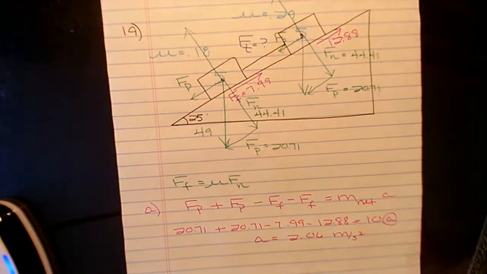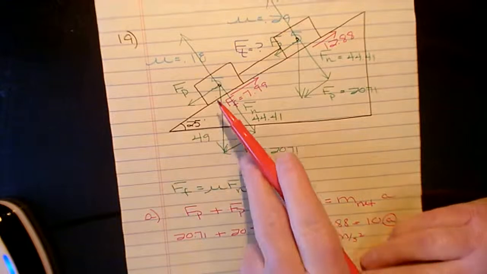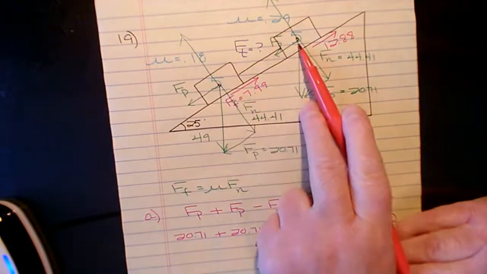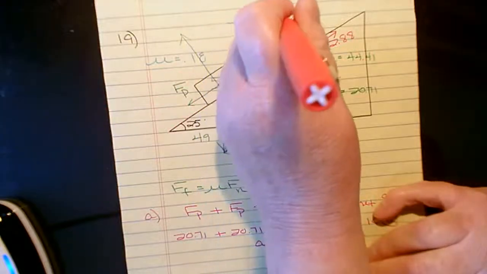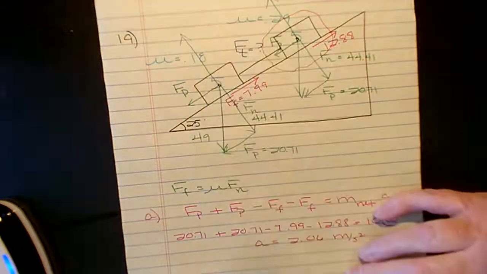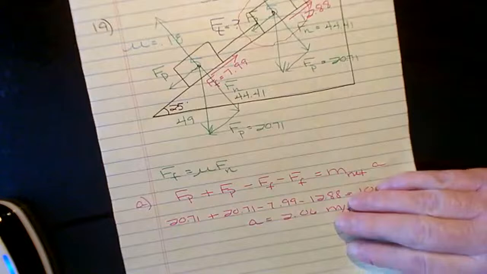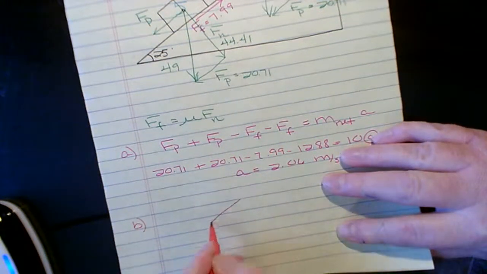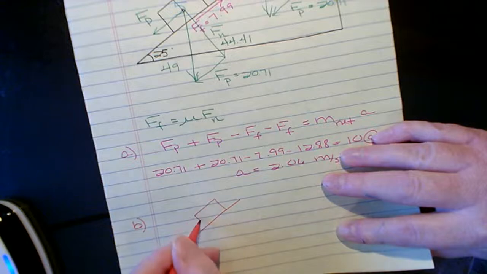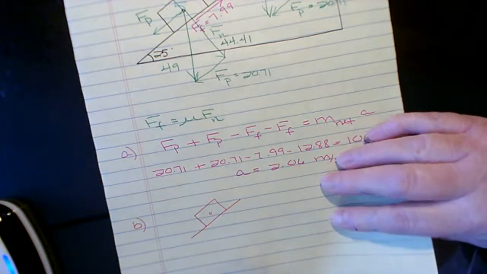All right, now to find the tension in the string, I have to draw a free body diagram of an individual block. Honestly, I could choose this block or this block, and I don't know why, but I chose this block. If I redrew that block down here, what is happening on that block?